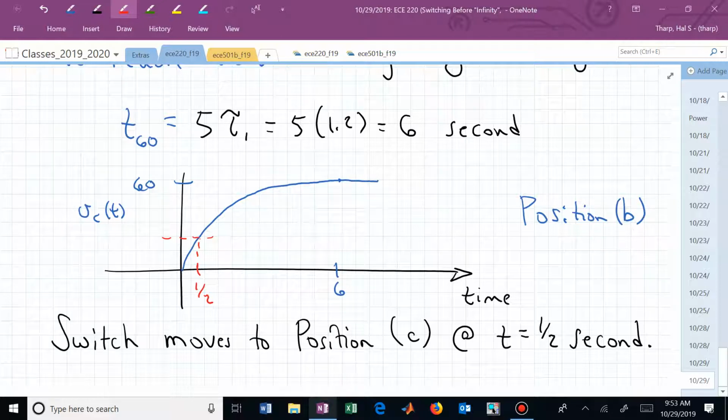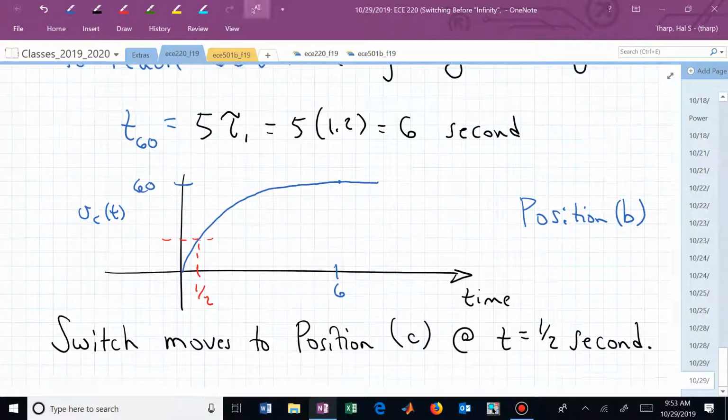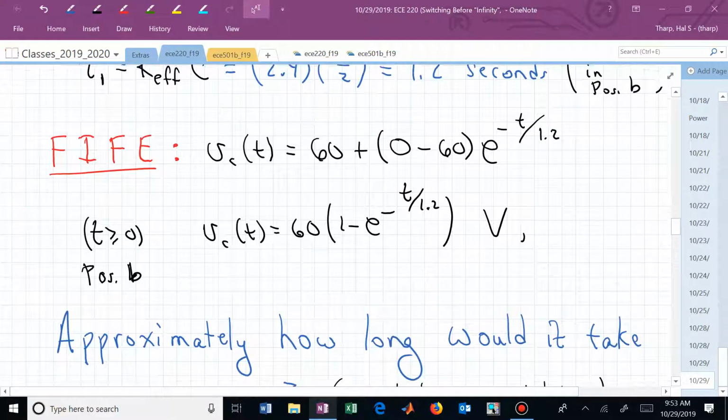And our time constant is 1.2, so we aren't even one time constant into that exponential. But we do have the formula. We do have that exponential behavior, that shape. We just have to plug in t equal to 1/2 and evaluate this, and that will give us our initial value for the capacitor voltage at time t equal to 1/2.